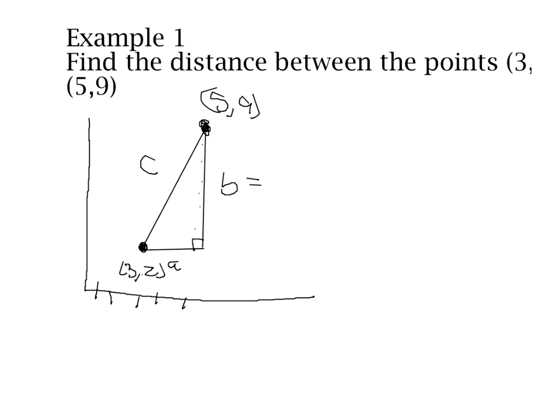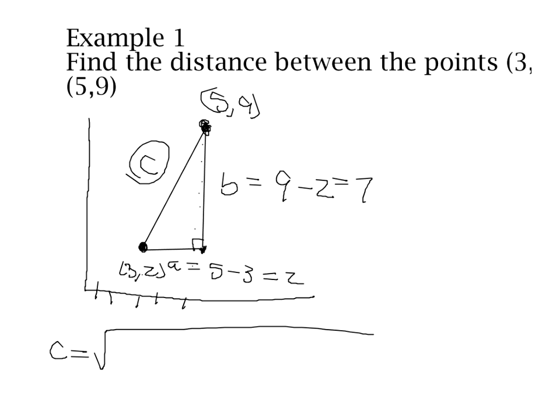So B here is from 2 to 9. So 9 minus 2 is 7. And A is from 3 to 5. So if I take 5 minus 3, it gives me 2. So I have A equals 2 and B equals 7. And so to find C, C is equal to the square root of A squared plus B squared.